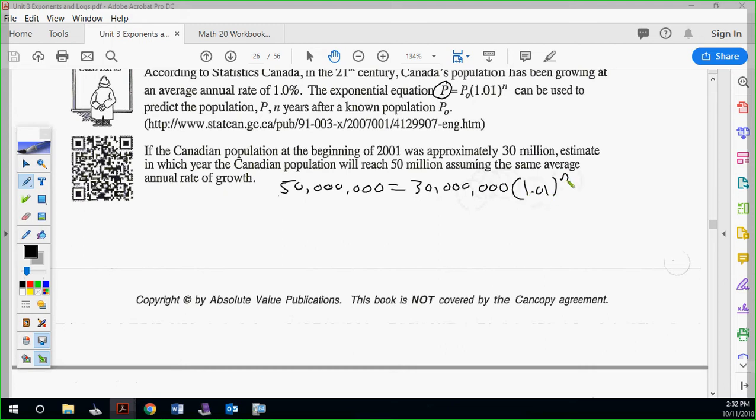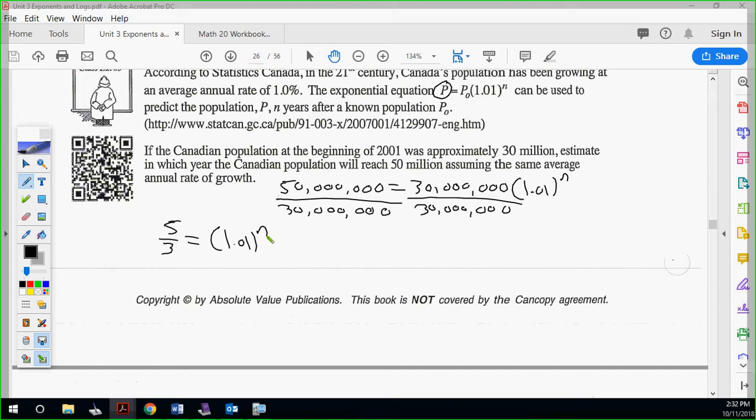And we're trying to figure out how many years. So for 30 million people now, that's the growth. How many years until we're at 50 million? So you're still going to divide the 30 million over, and that's what I'm talking about. You're going to see that the zeros are going to go away pretty quickly, because 50 million over 30 million is simply what? 5 over 3. Yeah. 5 over 3 equals 1.01 to the n.